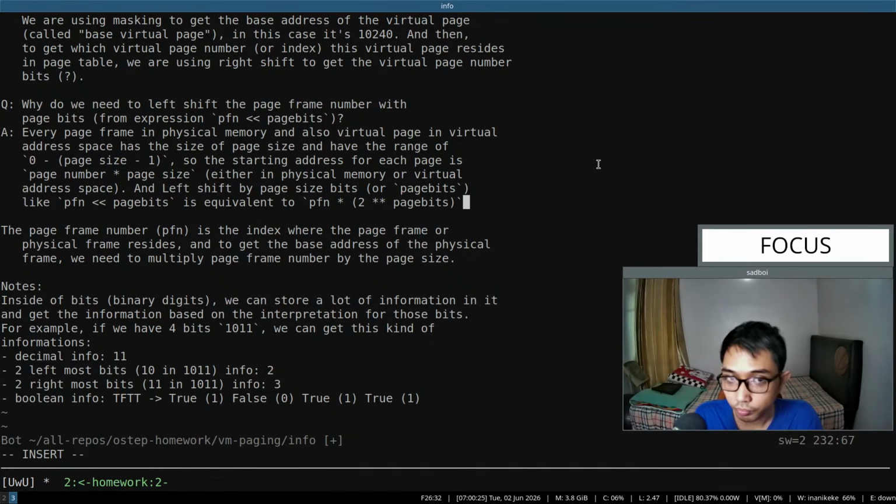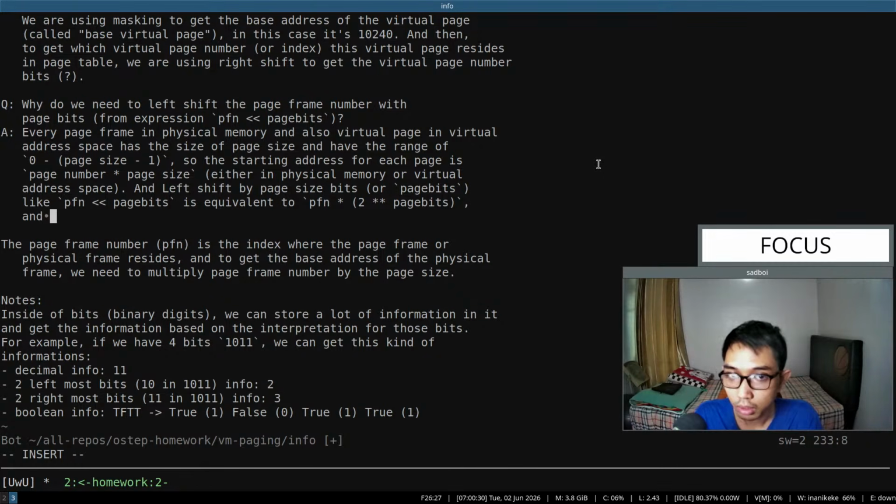Okay, and page space is equivalent to page size.